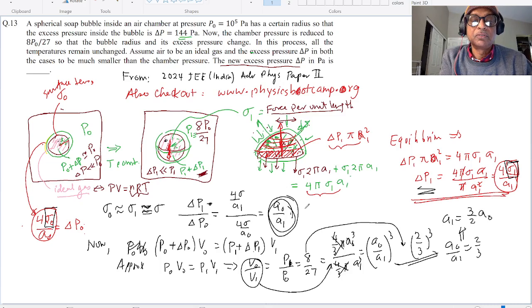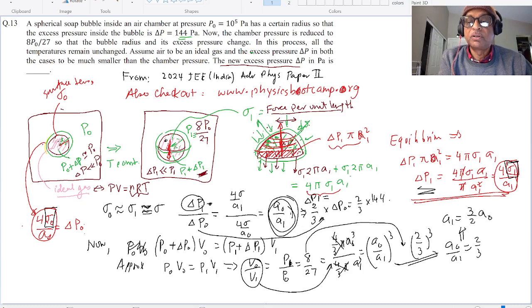So this turns out to be a0 over a1 is 2/3. So delta P1 will be 2/3 times delta P0, which is 2/3 times 144.